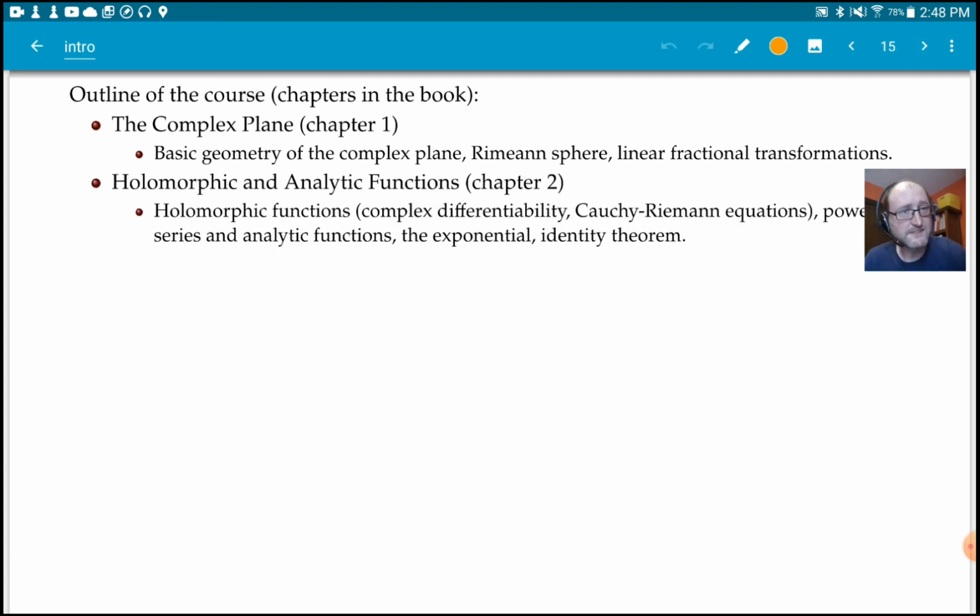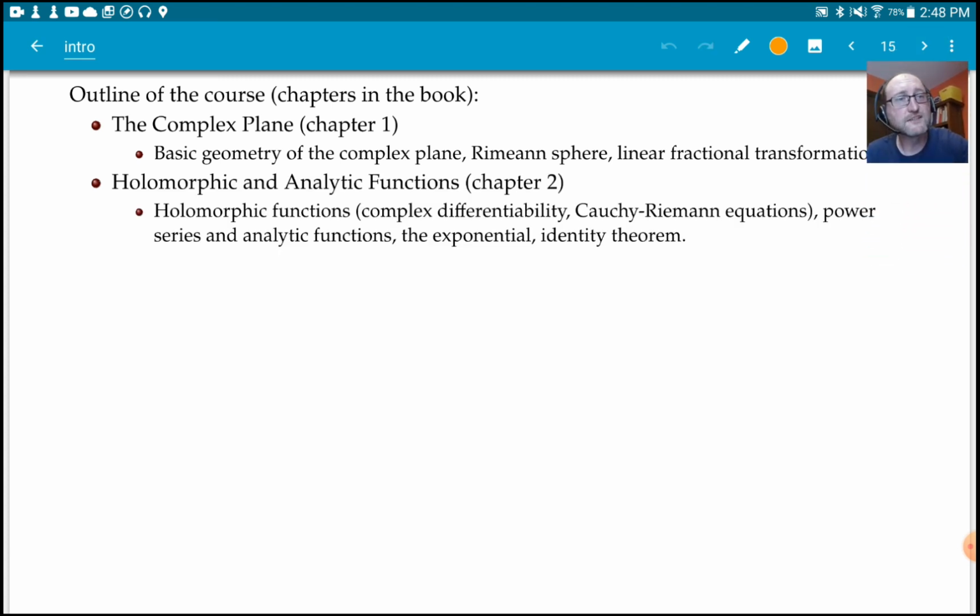Next, we actually get into the meat of this course, which is the holomorphic and analytic functions. And we're going to see in a later chapter that those are actually the same, right?